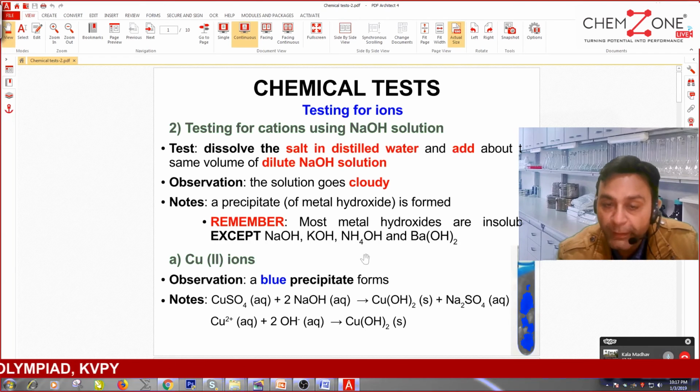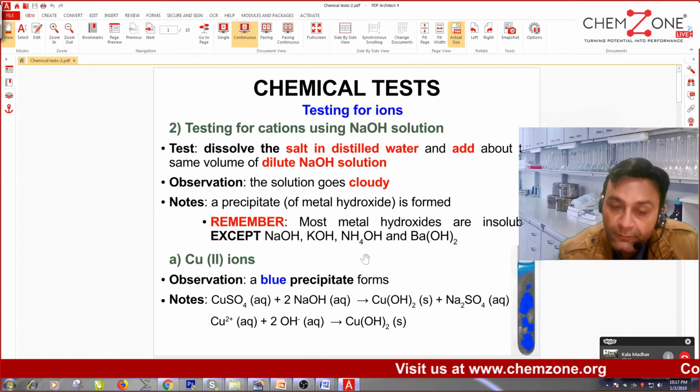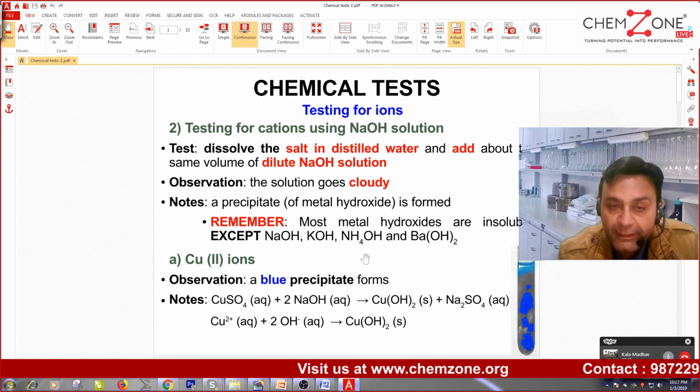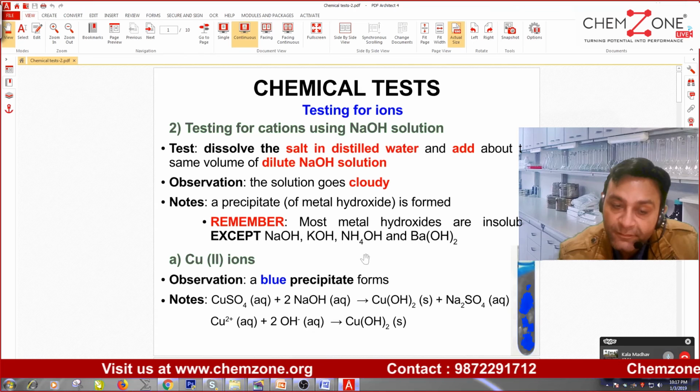Most metal hydroxides are insoluble except for sodium hydroxide, potassium hydroxide, ammonium hydroxide, and barium hydroxide. Suppose we have copper ions, then we will get a blue precipitate with sodium hydroxide, and it's a confirmatory test for the presence of copper ions.